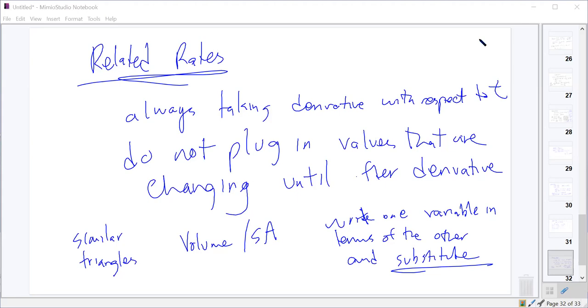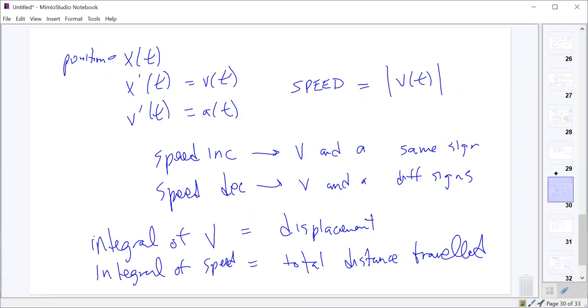Okay, cool. I'm just going to skip back for a second. Remember that the same thing applies if you're talking about vectors. If you have a position vector, the derivative of the position vector is your velocity vector. The derivative of your velocity vector is your acceleration vector.